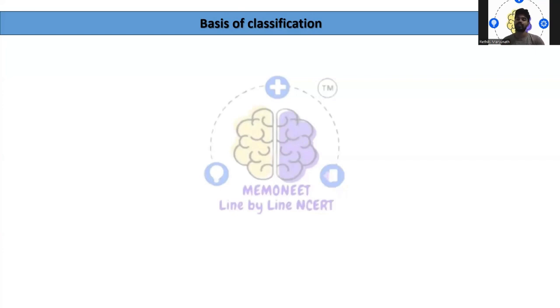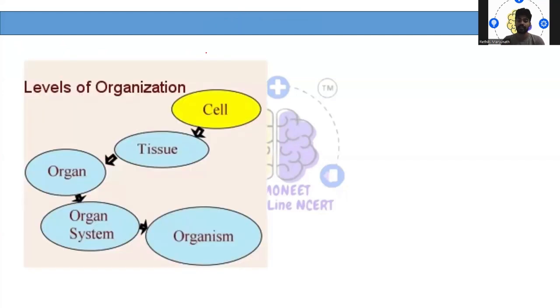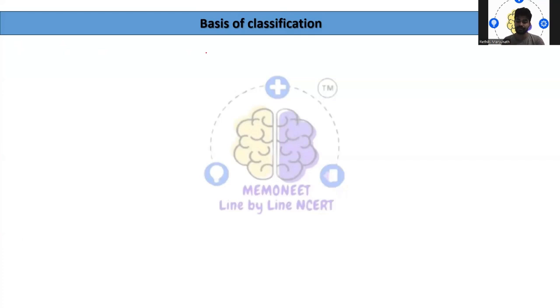So the classification was made on the basis of arrangement: their cell body, their symmetry, nature of coelom, pattern of the digestive system, circulatory system, as well as reproductive system. Animals have been classified accordingly.